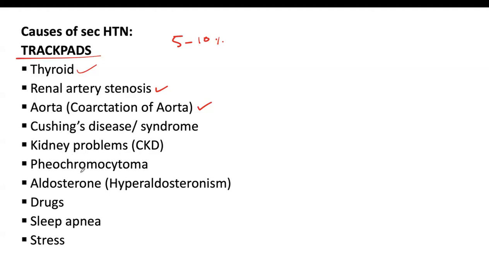P for pheochromocytoma. So there is history or questions you can ask here. A for aldosteronism or Conn's syndrome. And then D for drugs, S for sleep apnea, which is obstructive sleep apnea, and then stress. So these are the main secondary causes that we should rule out in our history.